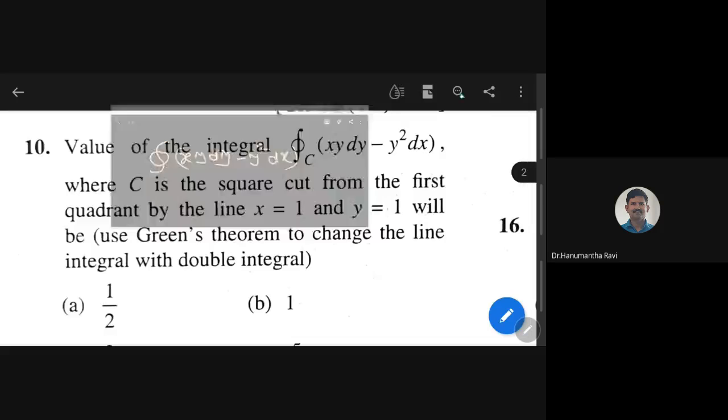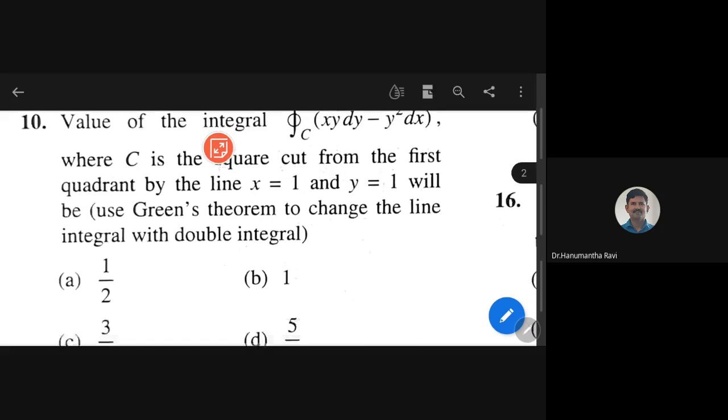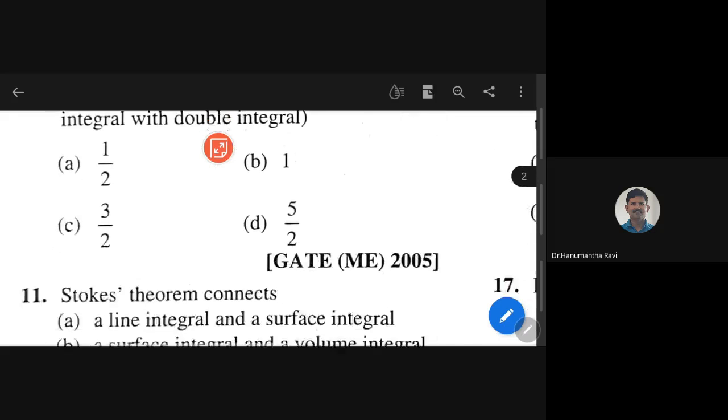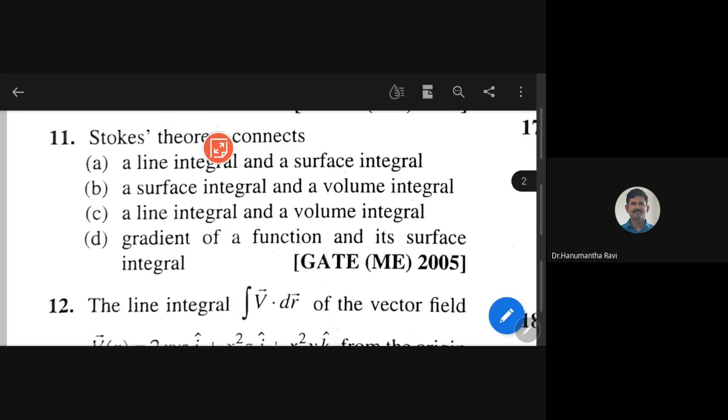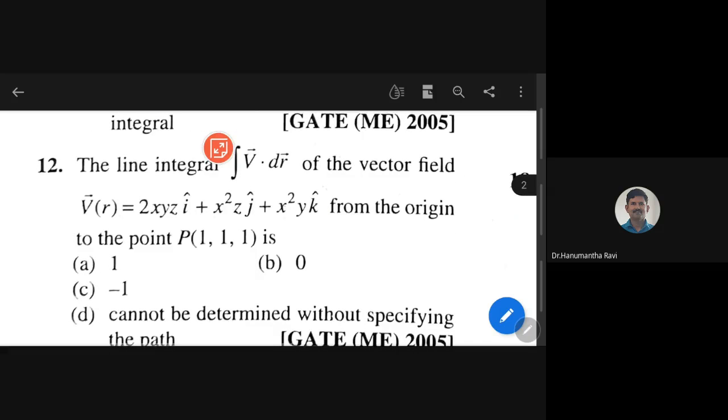This also I think yesterday we have done, by using Green's theorem. Stokes theorem, line integral to surface integral, that is 11, A is the answer.